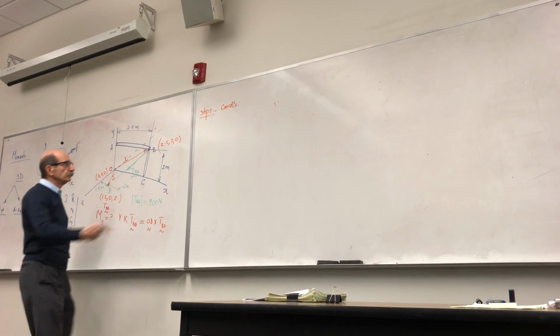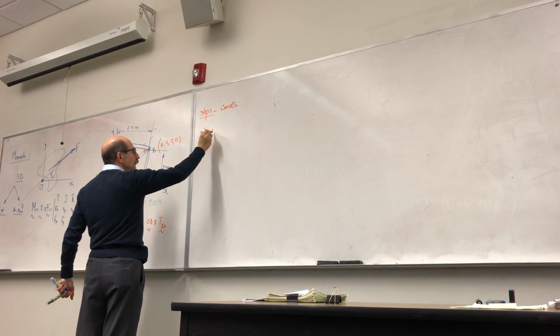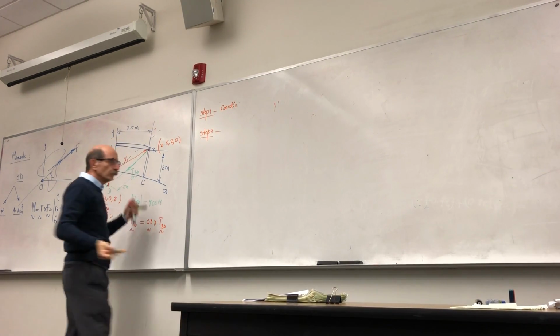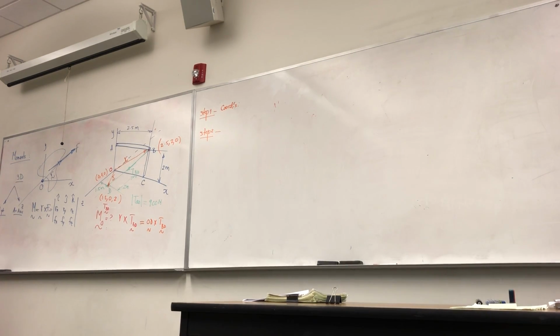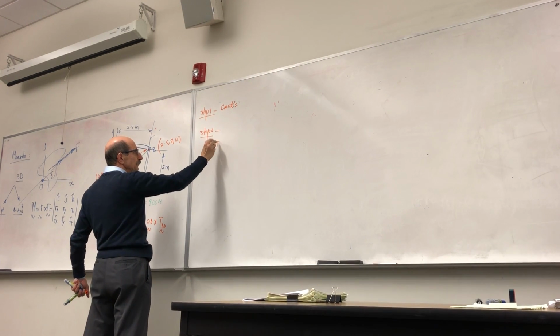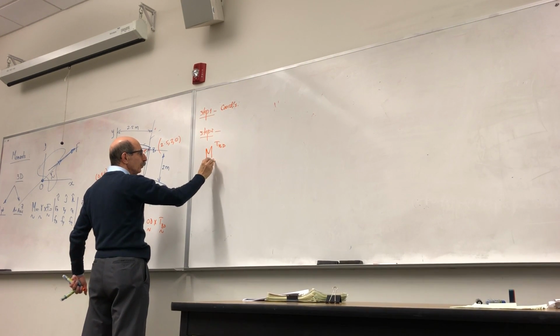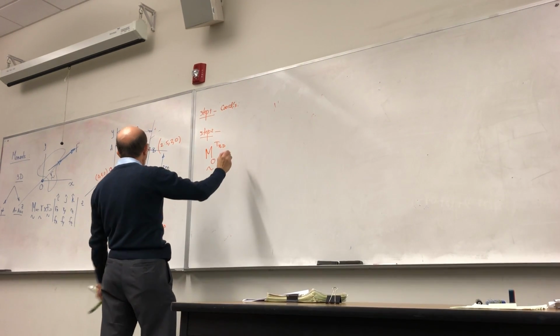So step number 2, you write the equation for the moment, the vector equation that you're looking for, which is the moment of that force T_BD about point O, which we know by now is what?